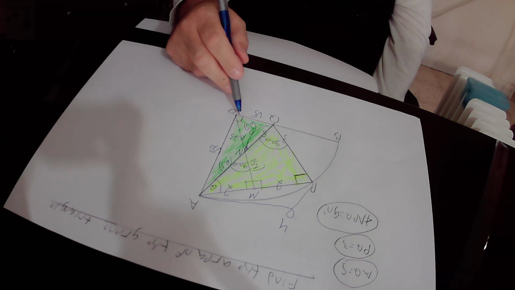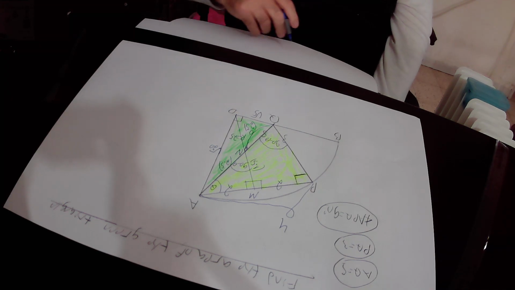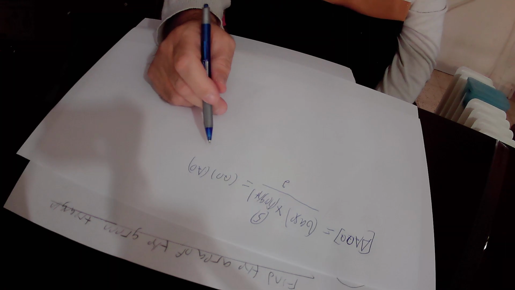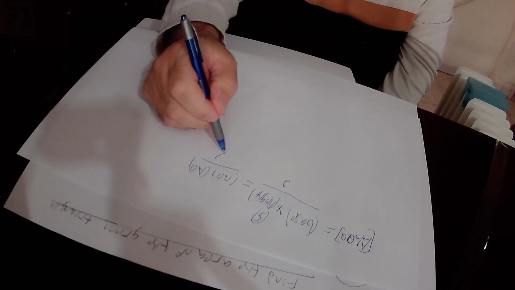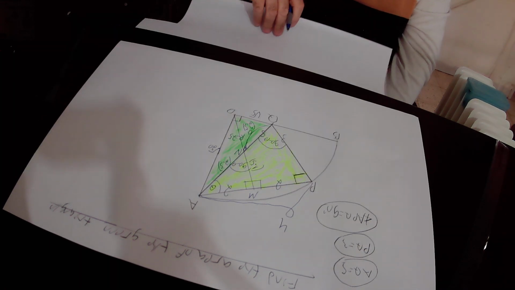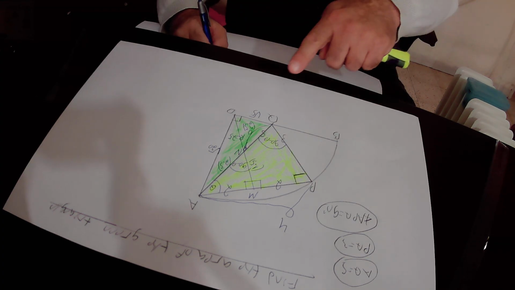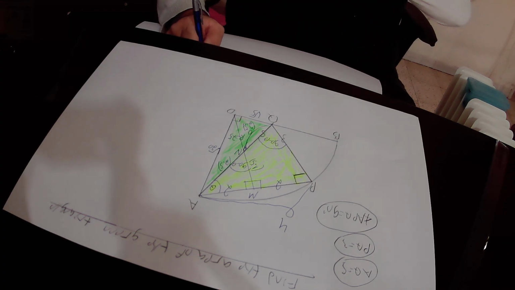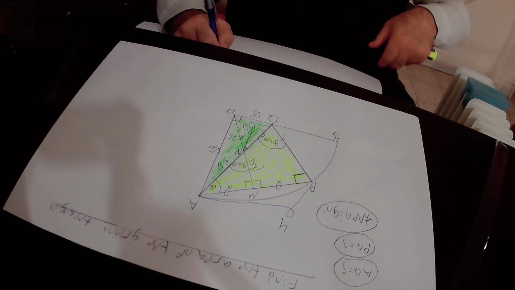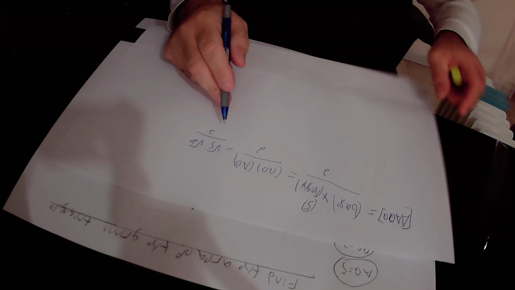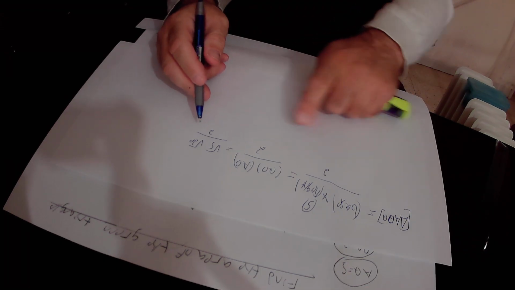This angle equals 90 degrees. Again, the base is QO, the height is AO, over 2. QO equals the square root of 5 units, AO equals the square root of 20 units, all divided by 2.